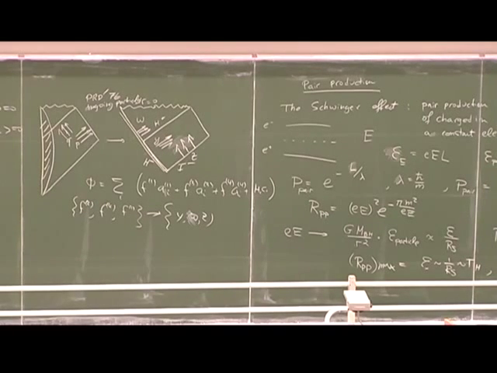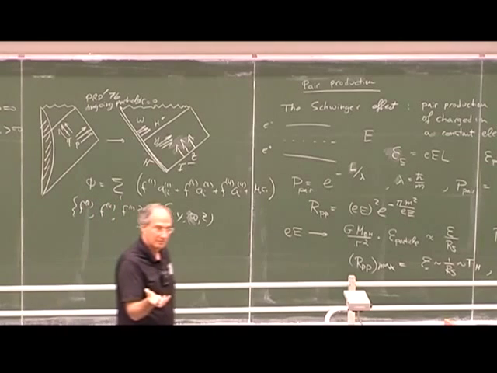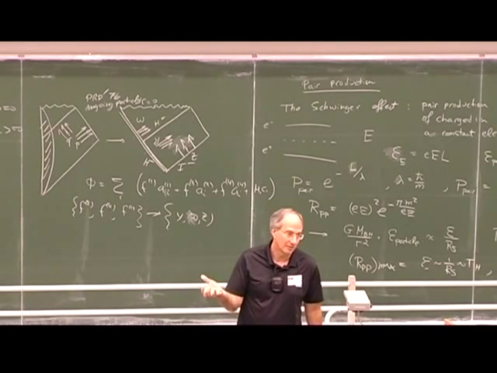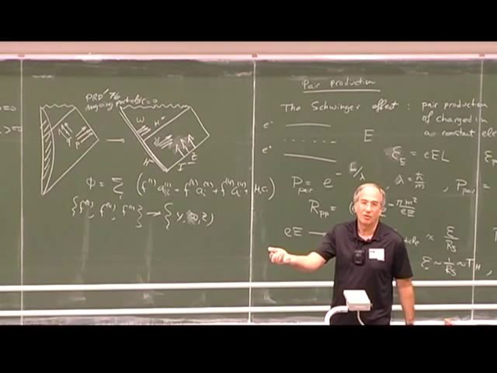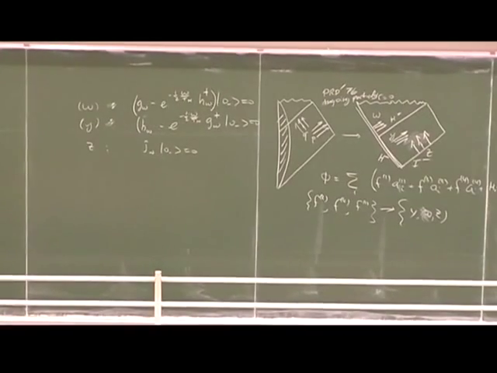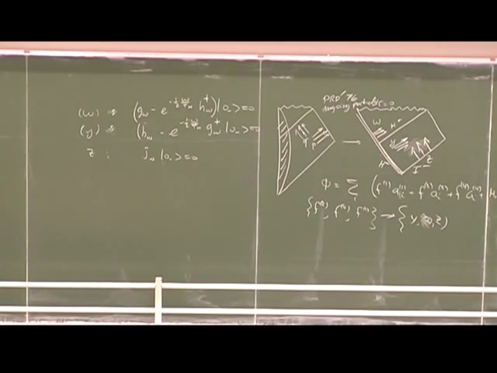Thermofield double, okay. So you see, this relationship tells you that particles are produced in pairs, right? A Y is created, and a W is annihilated. It goes down to the hole.